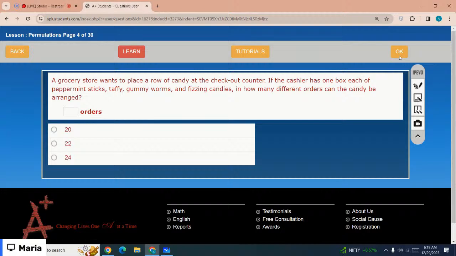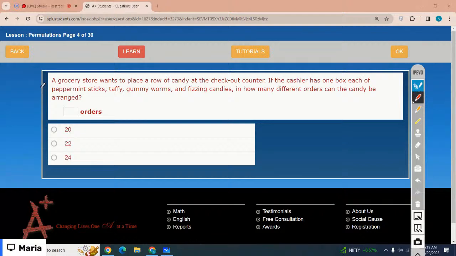So you have four options: peppermint sticks, taffy, gummy worms, and fizzing candies. You need to calculate 4 factorial.